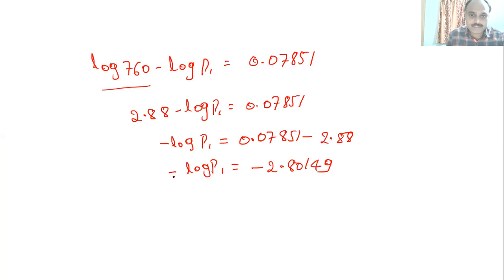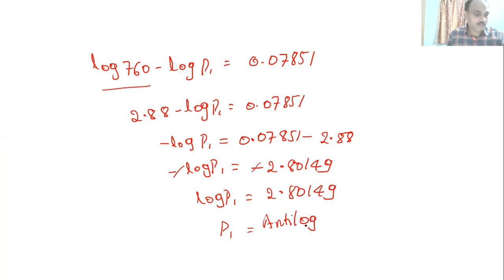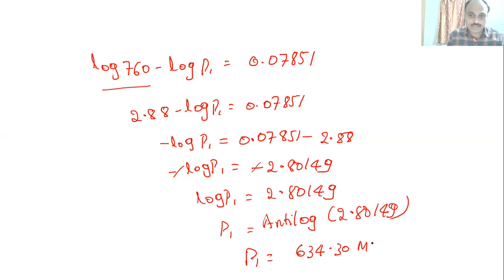Then the minus signs cancel, and log P1 is equal to 2.80149, and further P1 is equal to the anti-log of 2.80149, which is 634.30 mm. So this is the answer.